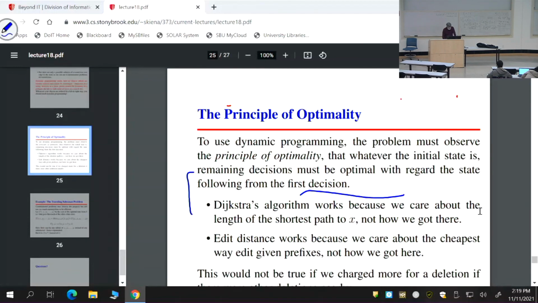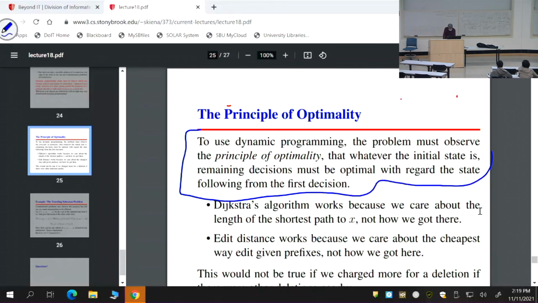Now, why is it that dynamic programming works? I've been a little bit loose about my proofs of correctness here. Dynamic programming works when something observes what they call the principle of optimality, but that's a fancy word.